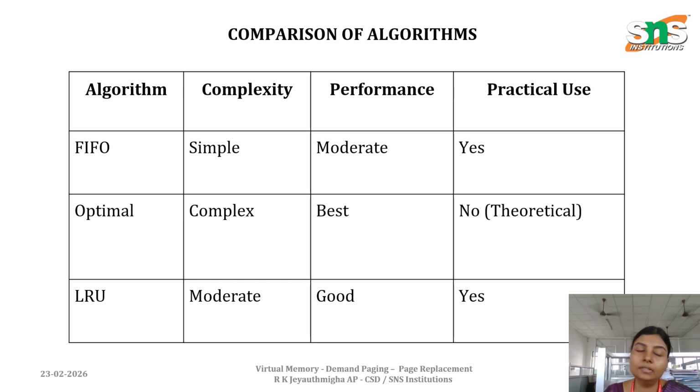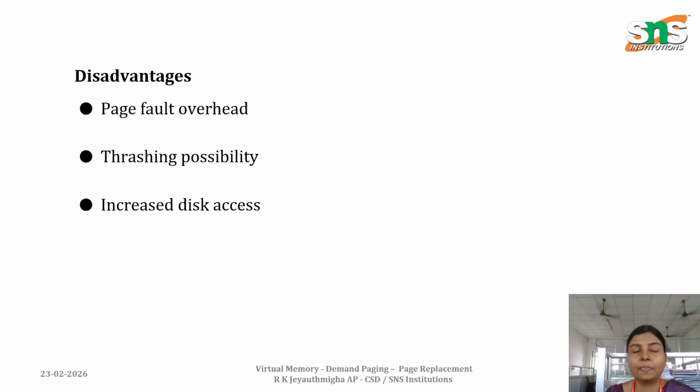The least recently used algorithm is moderate in complexity, good in performance, and has practical usage. The disadvantages are the page fault overhead, the thrashing possibility, and increased disk access.